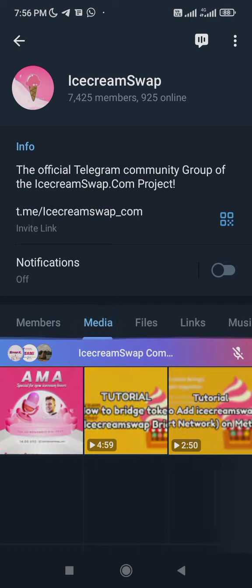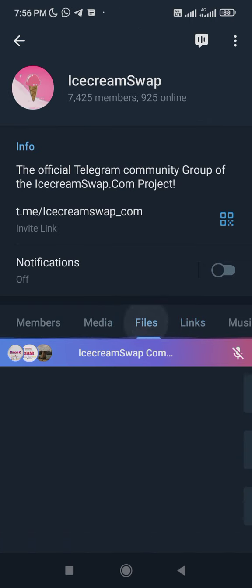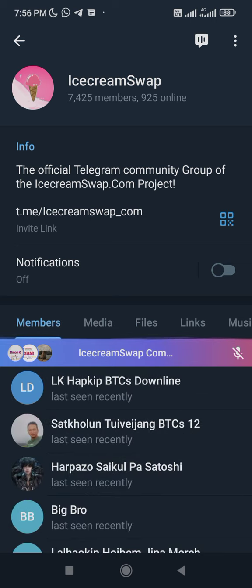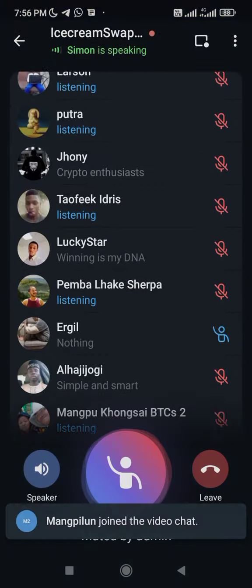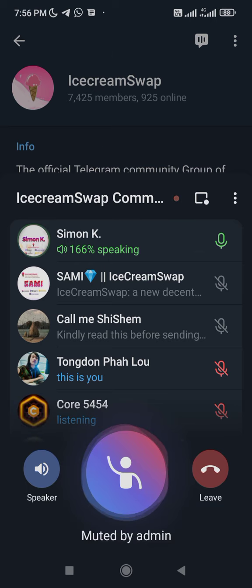So you're providing the same value of ice cream swap token and USDT as liquidity. And currently you are getting a very high APY for that. At the moment we are at around 450% APY.